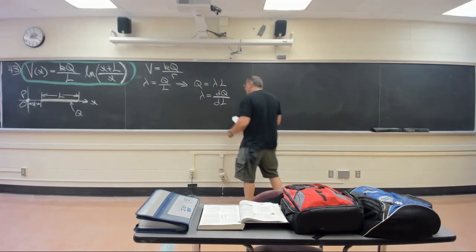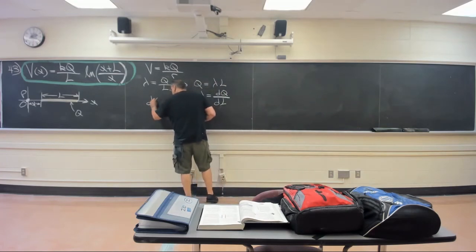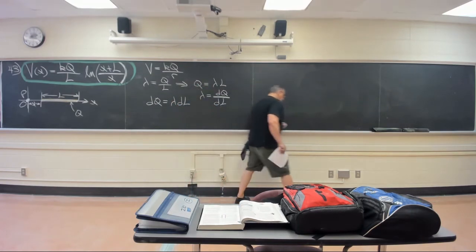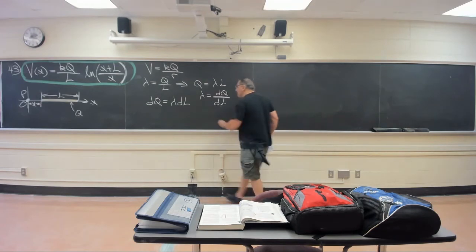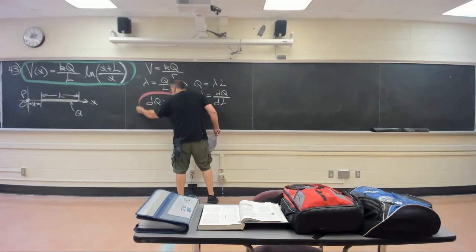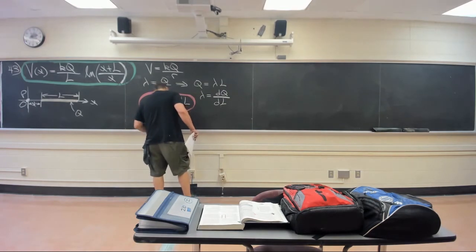Multiply by dl on each side, and dq equals lambda dl. Okay, so true.